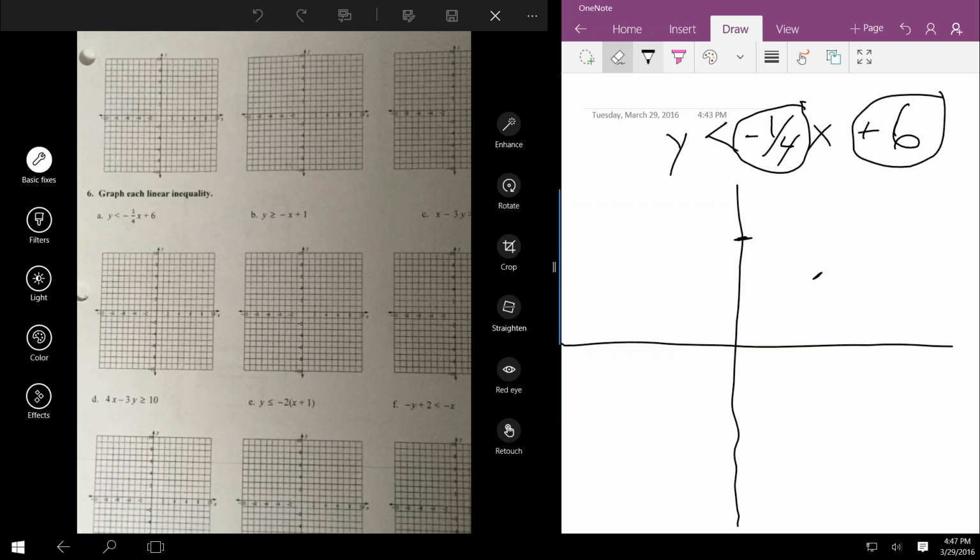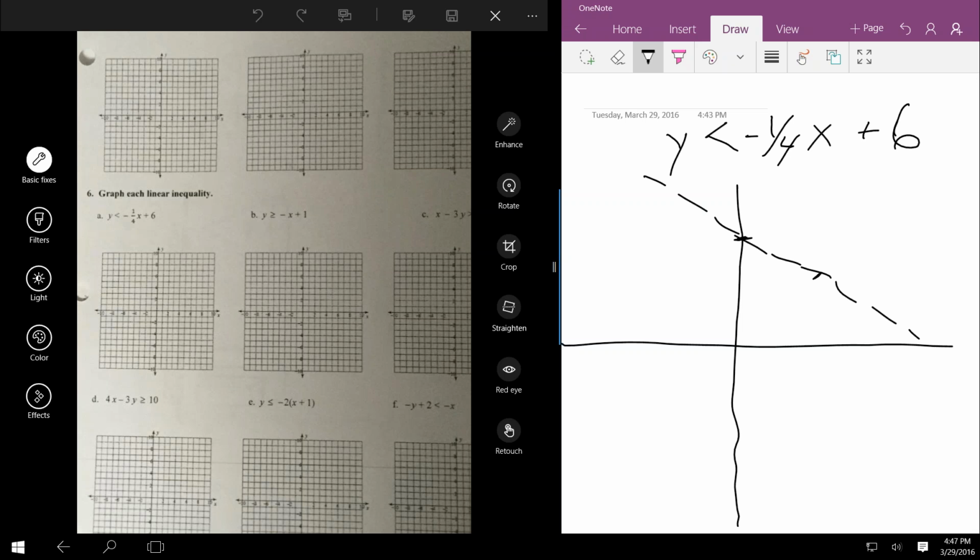Now, because it's not an equality, and it's an inequality, I have to make this either a solid line or a dotted line. Well, I make it a dotted line because it's less than only.